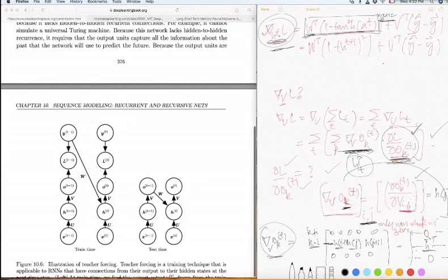So this has its shortcomings. Number one shortcoming is that during training, you can feed the true labels to the hidden states, right? Because you are given the true labels during training. But when you do testing, you are not given the true labels. So in that case, you can only feed back your outputs to the next state, and you just hope that these outputs are close to the true labels.